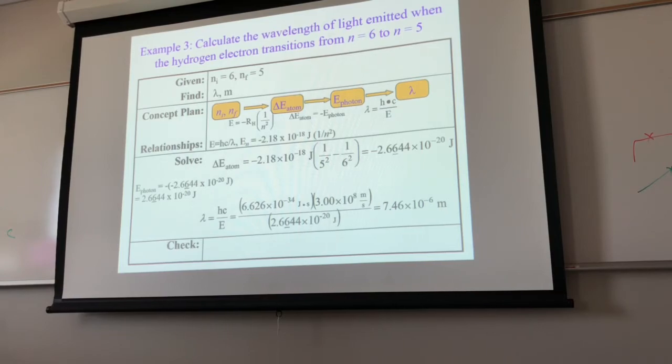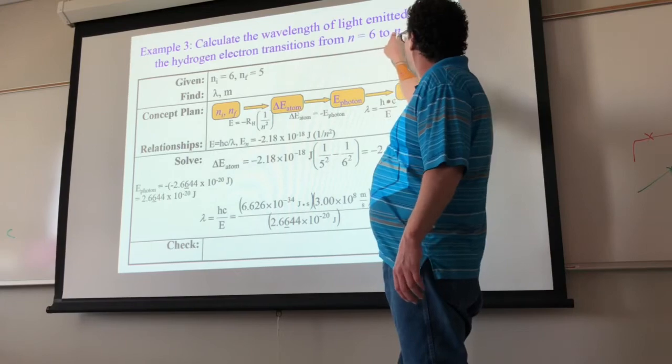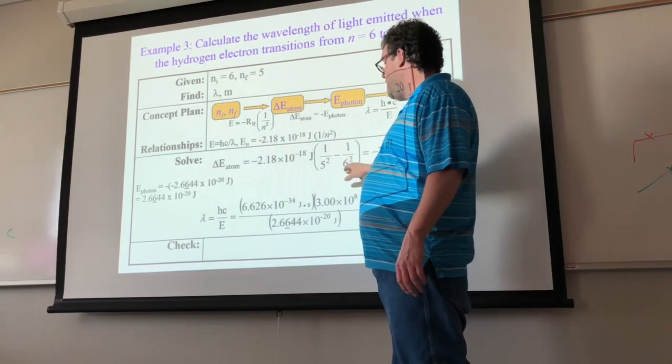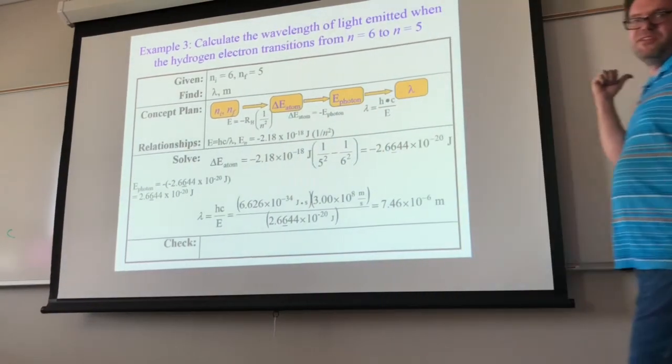If it's n1 and then n2, why is it flipped? See, there's a negative that they put at the front of their formula. Don't let that trip you up. This is their n2 and this is their n1, but there's a negative in the front. I don't have a negative on this one.